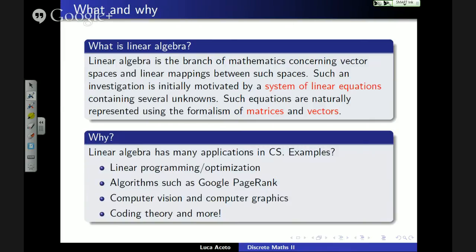Now, why are we doing this? Oh, well, because there are plenty of applications of linear algebra in computer science. You know all the fancy things you see on the screen in computer games or whatever website you visit, or Photoshop, whatever, that's all linear algebra. Under the hood, there is linear algebra.